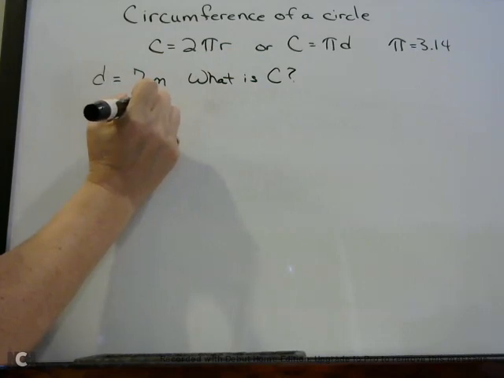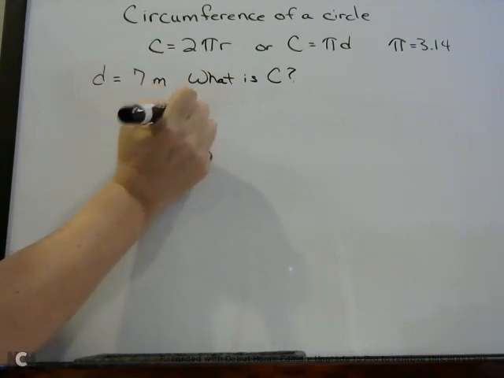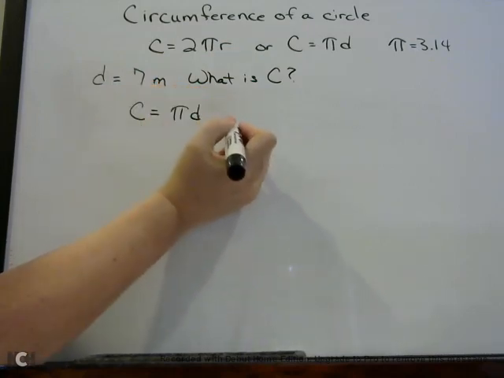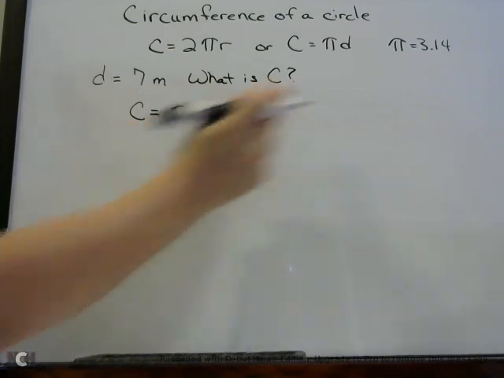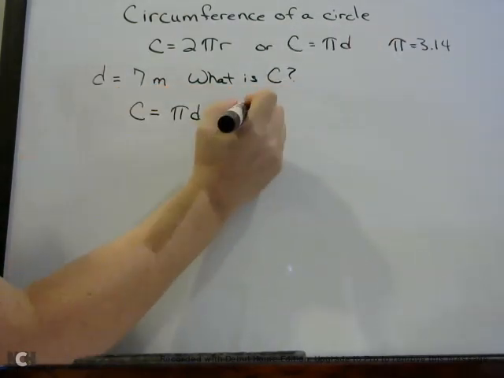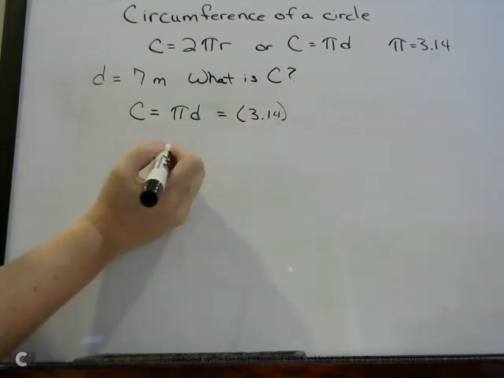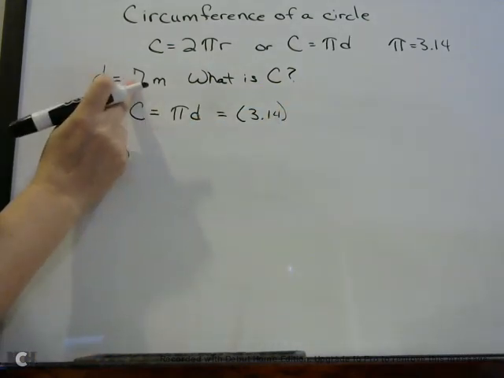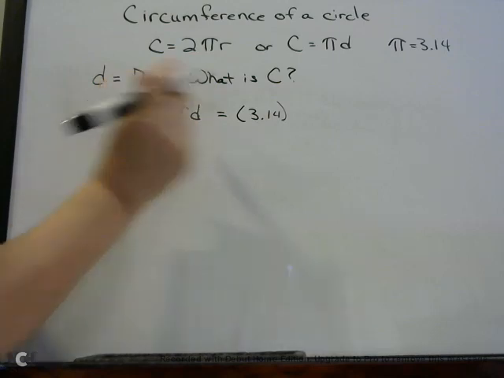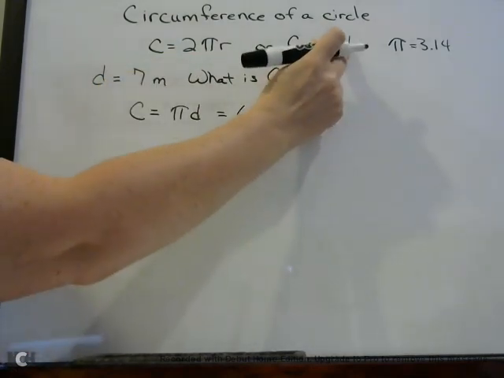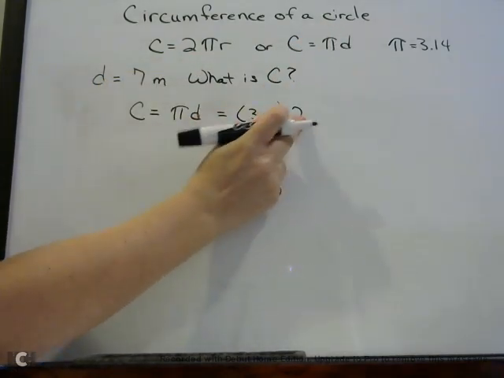C equals pi times the diameter. Remember, pi is just this number, so we're going to plug 3.14 in for pi, and the diameter they've given us is 7 meters, so here we're just going to plug in 7.